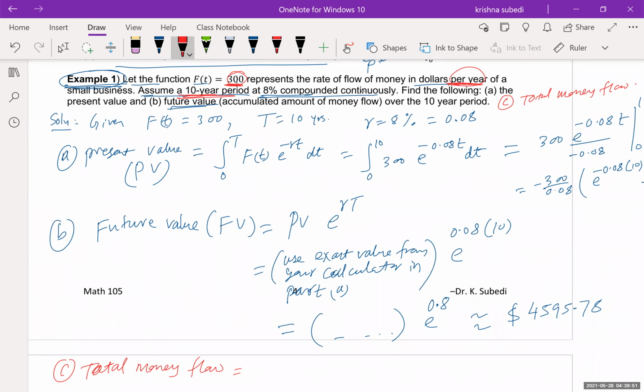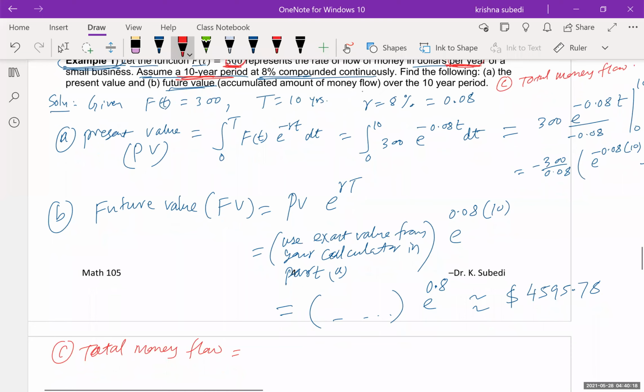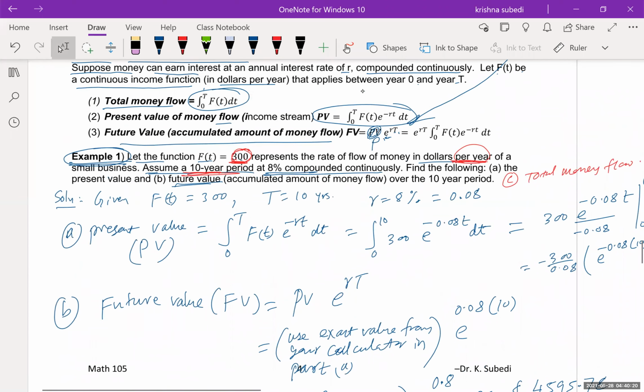By common sense, we can say that 300 times 10 is 3,000, right? So that should be the total money flow. The total money, regardless of the interest, in this situation is $300 every year for 10 years, which is $3,000. That's the answer.